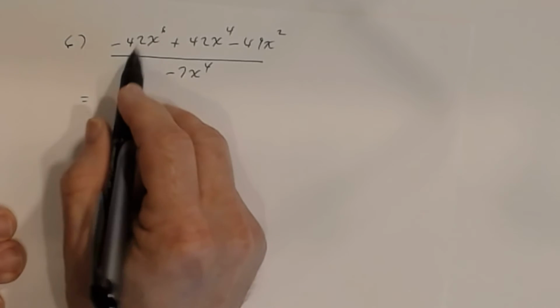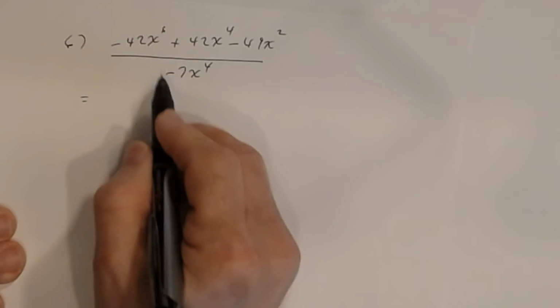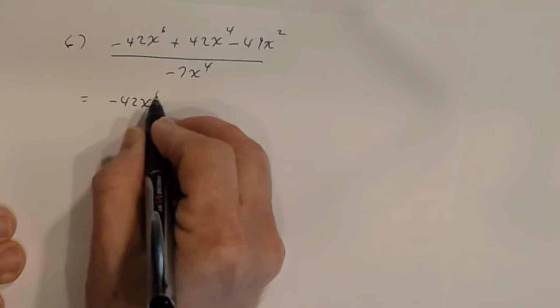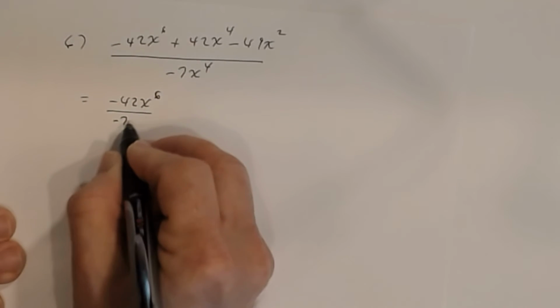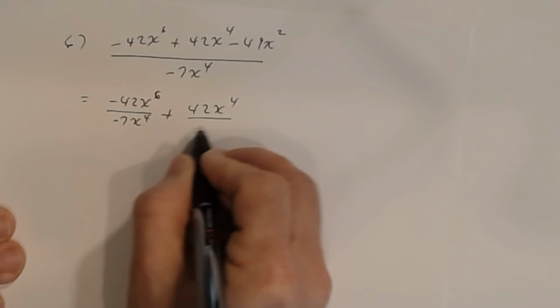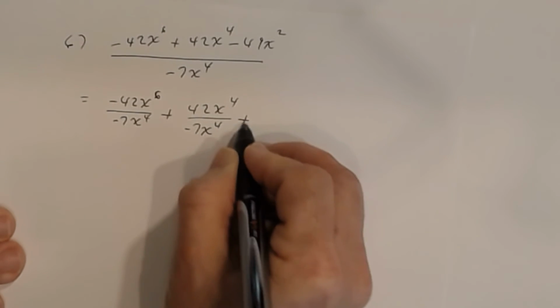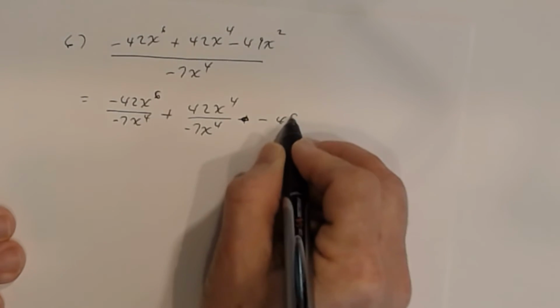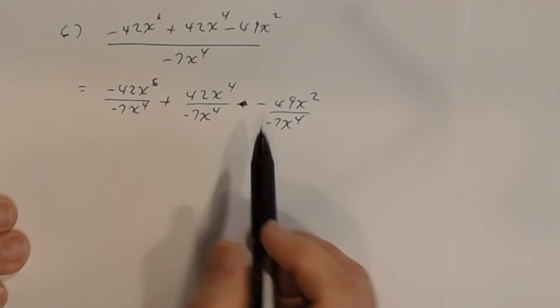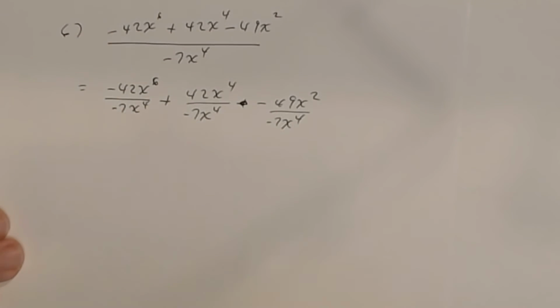So I'm going to rewrite this as each term divided by the monomial. So negative 42 x to the 6th divided by negative 7 x to the 4th plus 42 x to the 4th divided by negative 7 x to the 4th, minus 49 x squared divided by negative 7 x to the 4th.